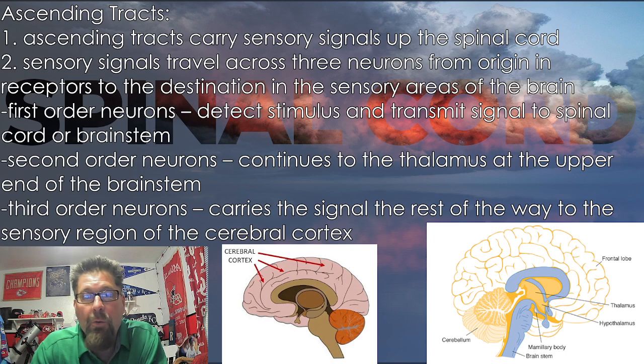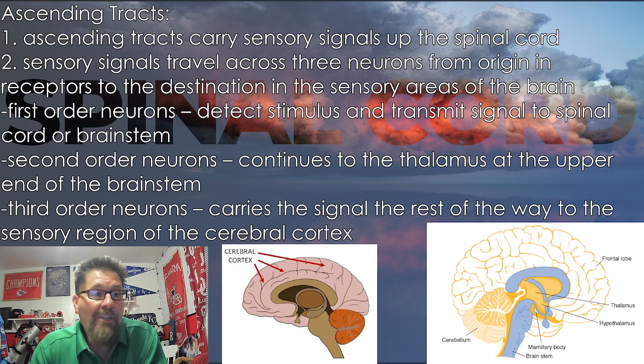The second order neuron then takes the message and travels it up to the thalamus. I've got a picture, the far picture over there, where the thalamus is at the end of the brain stem. And then from there it goes through the third order neurons out to the proper area of the brain, the cerebral cortex.